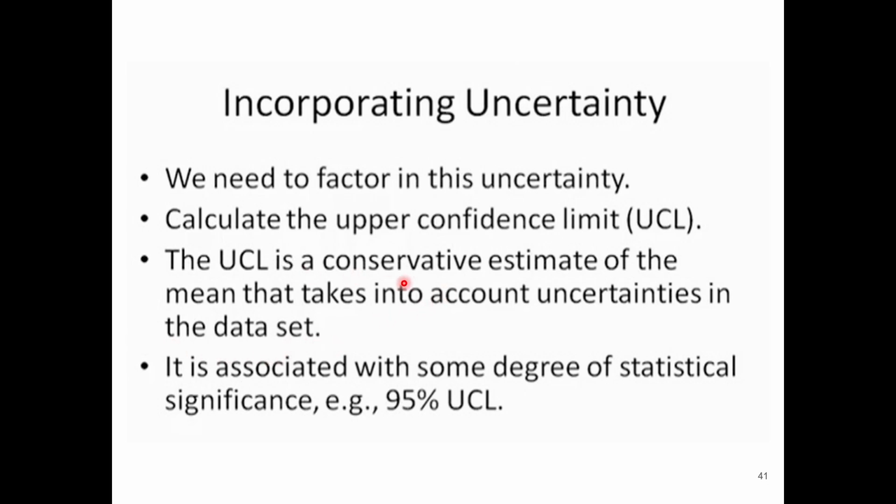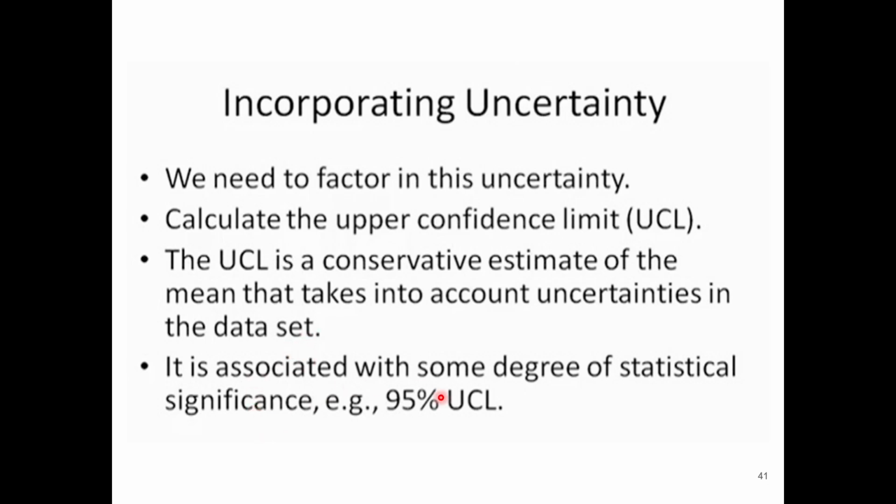It is a very pessimistic value. We are taking more than what actually can be, even higher than that. So it is a conservative estimate of the mean that takes into account uncertainties in the data set.